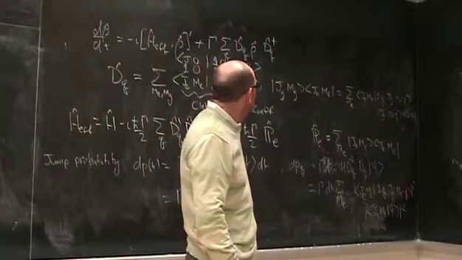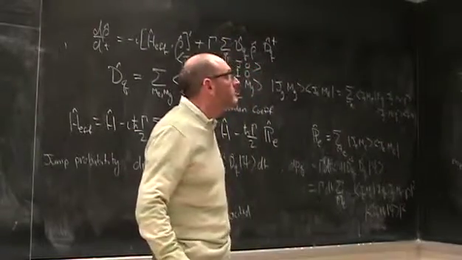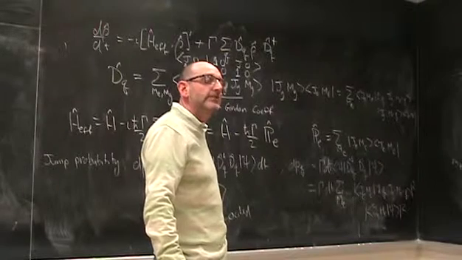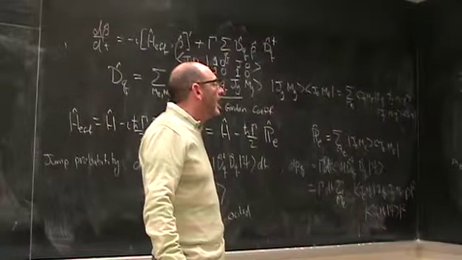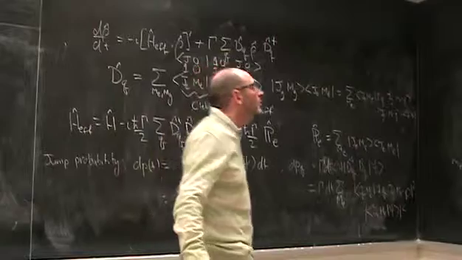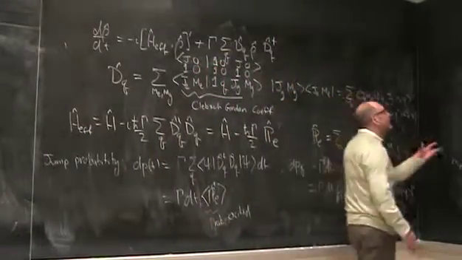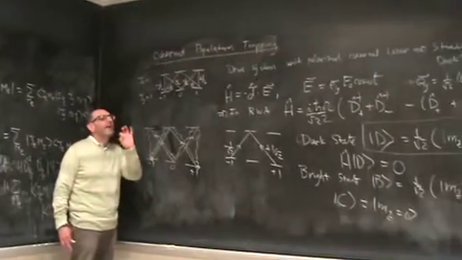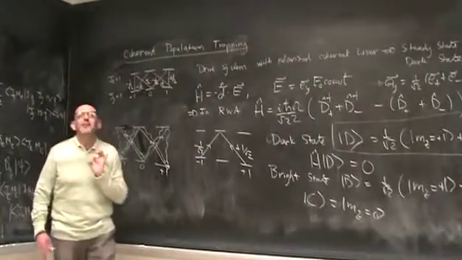If one of the transitions comes with 0, you're saying, is there always a dark state corresponding? Yes. Okay, that'll become clearer in a moment.